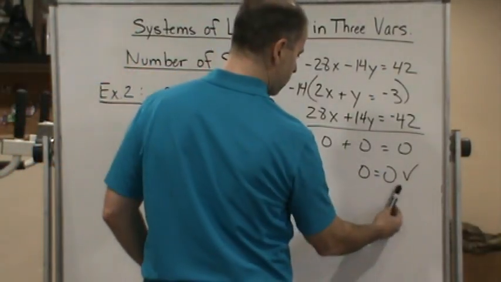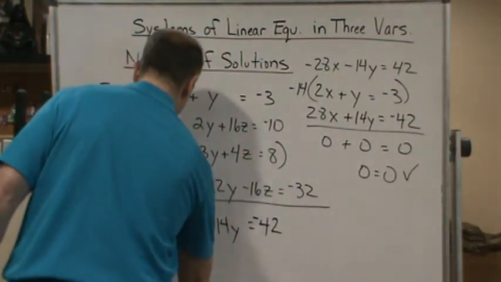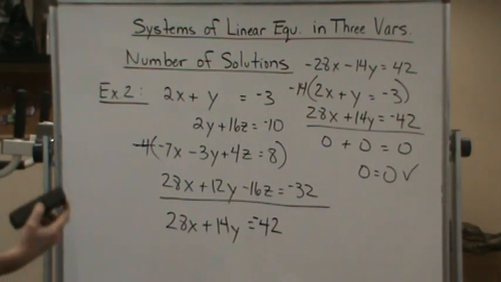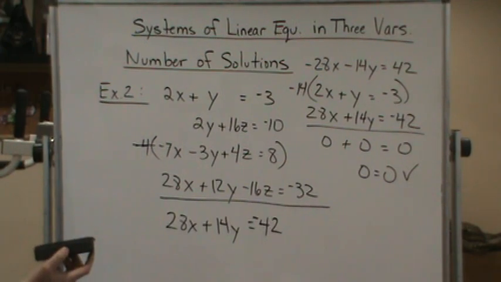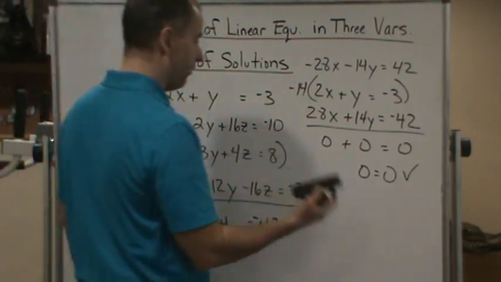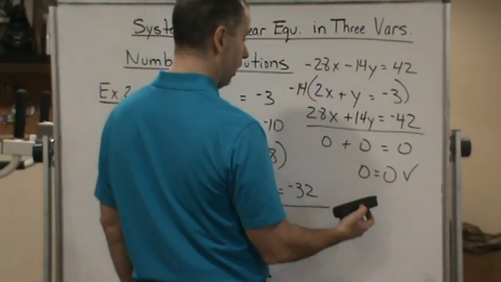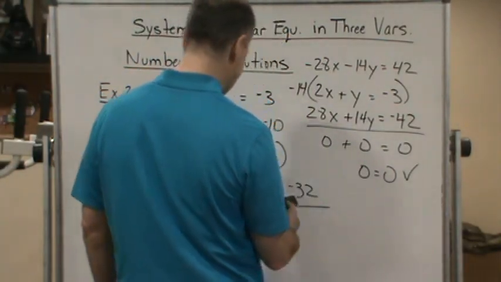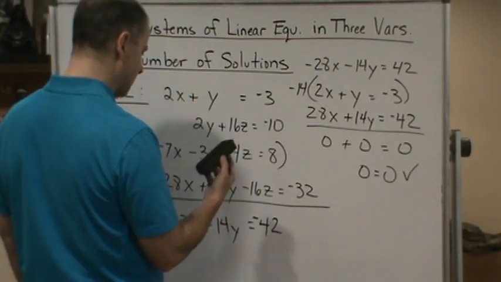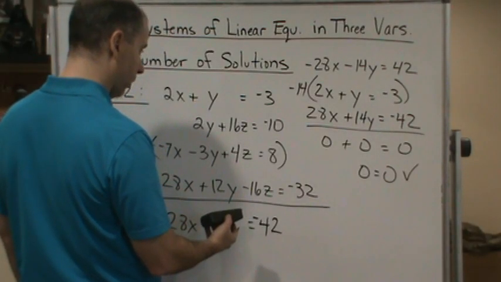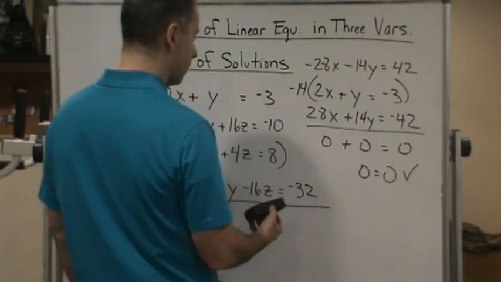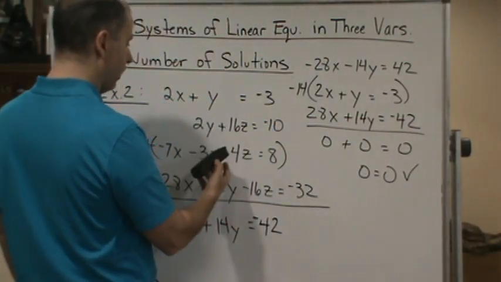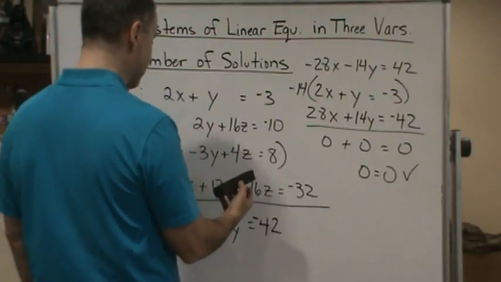So anytime you get a true statement like this, now, how do we write the solution? Well, that means there has to be a free variable. And let's say the variable is z. You can make any of the variables free, but let's say z is free to be anything. Okay? So that means let's solve the other equations in terms of z.